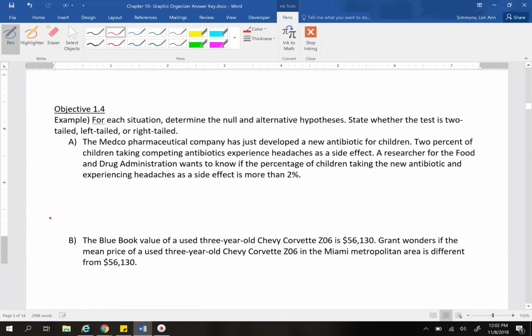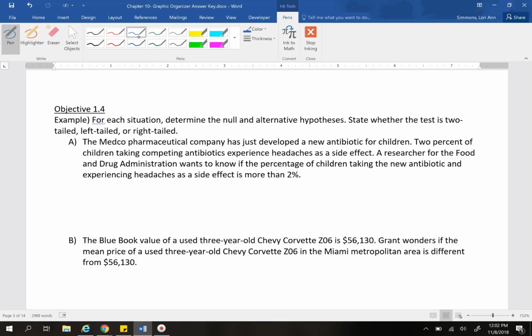So let's start with some examples. For each situation, determine the null and alternative hypothesis. State whether the test is two-tailed, left-tailed, or right-tailed. The medical pharmaceutical company has just developed a new antibiotic for children. 2% of children taking competing antibiotics experience headaches as a side effect.